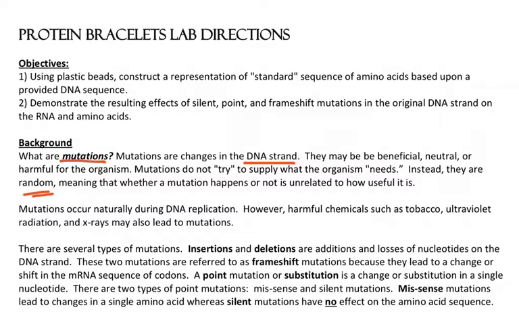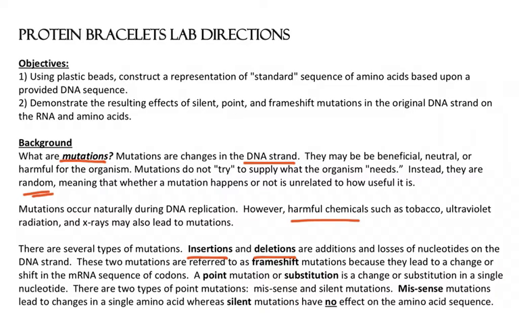Mutations occur naturally during DNA replication. However, harmful chemicals such as tobacco, ultraviolet radiation, and X-rays may also lead to mutations. There are several types of mutations. Insertions and deletions are additions and losses of nucleotides on the DNA strand.